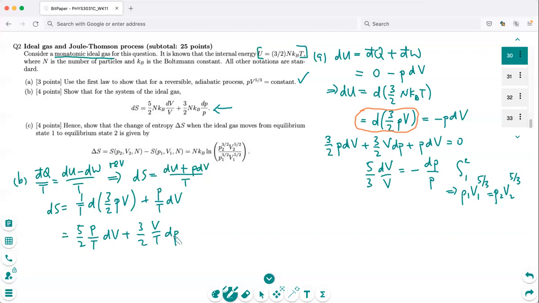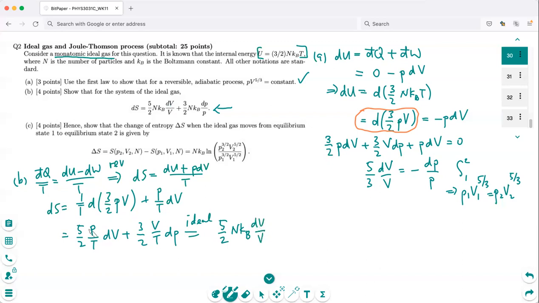And now you can use your ideal gas equation of state again to rewrite this P/T and this V/T. So this is using the ideal gas result, and you will get this line right away. Okay, so the end result is this. You get NkB dV/V, right?